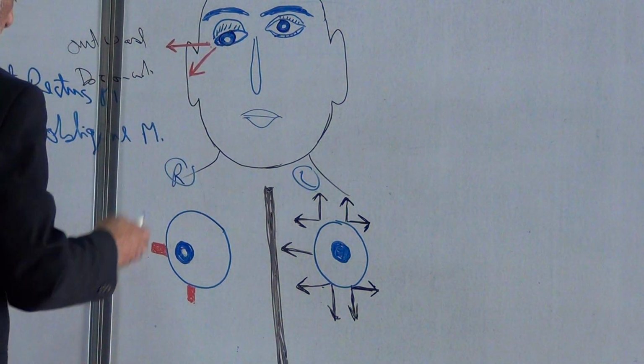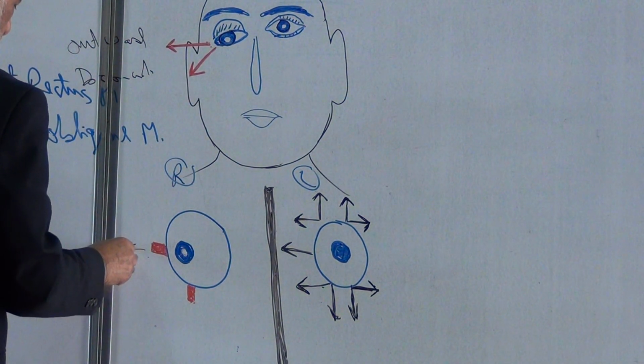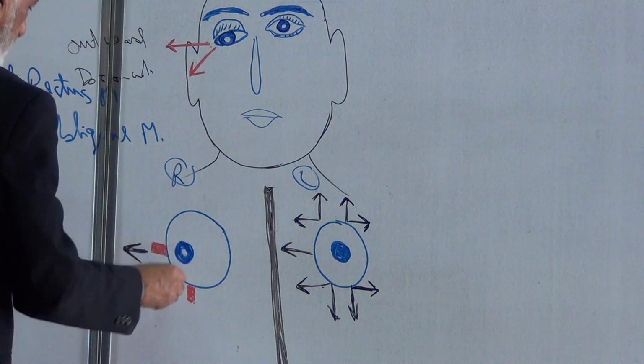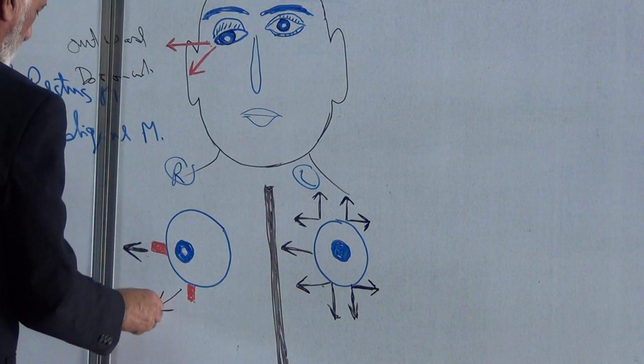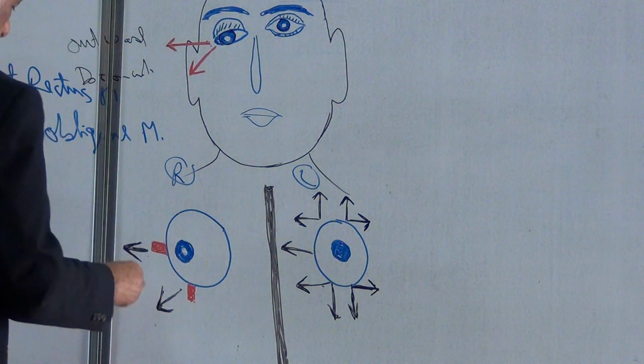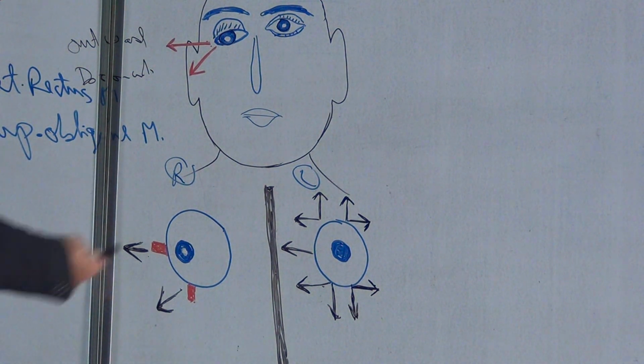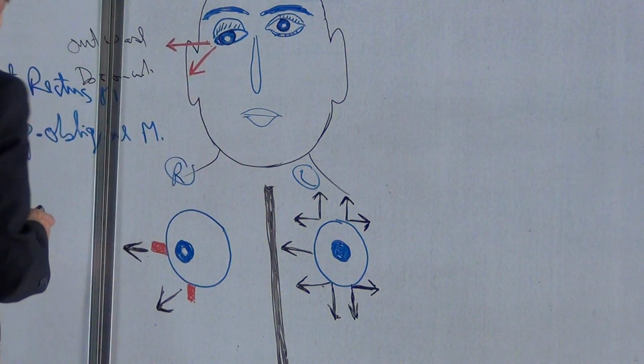Therefore, you can compare it, the lateral rectus and the superior oblique will move the eyeball downwards and outwards. This comparison will explain this.